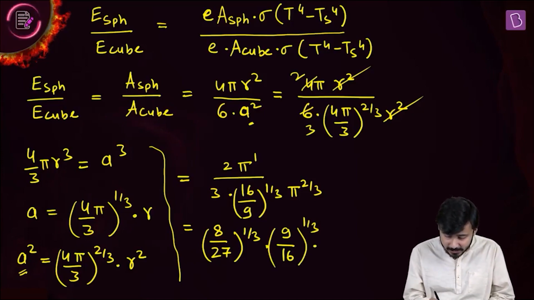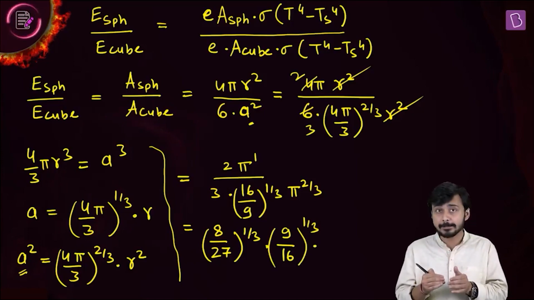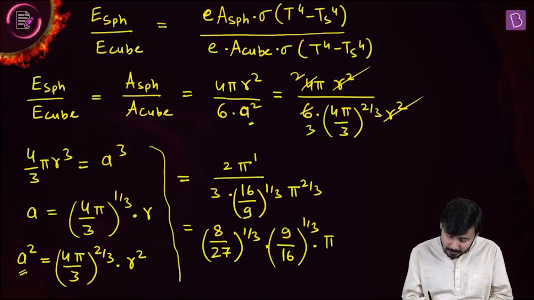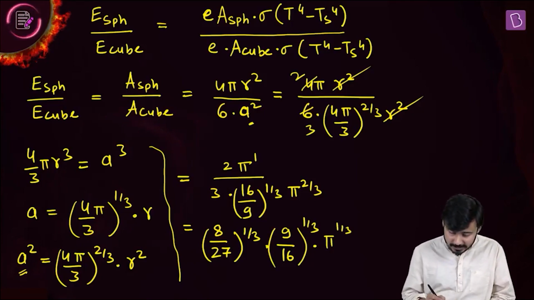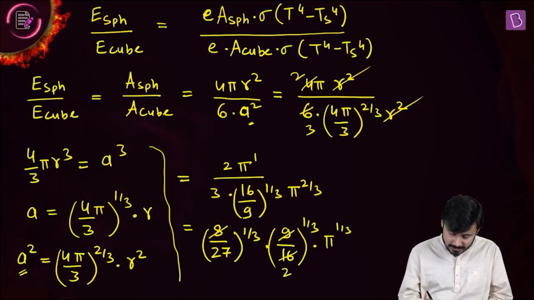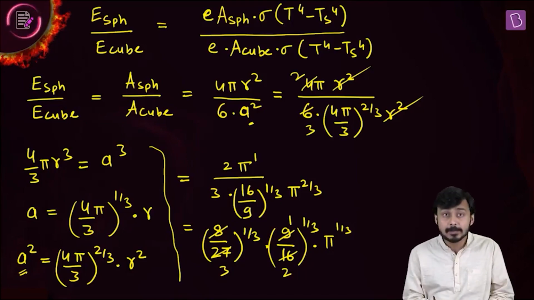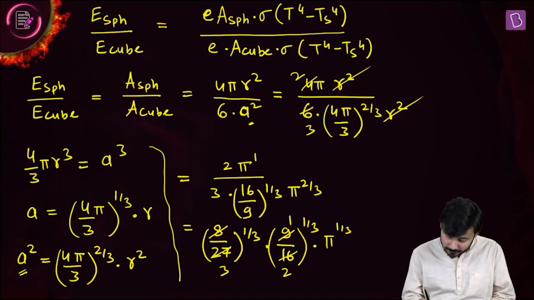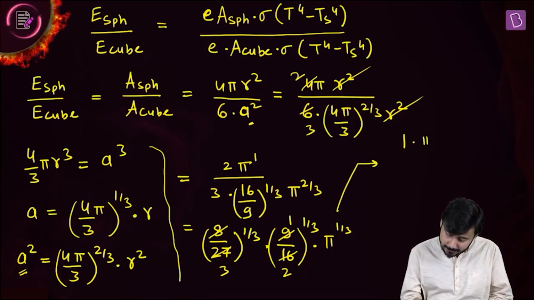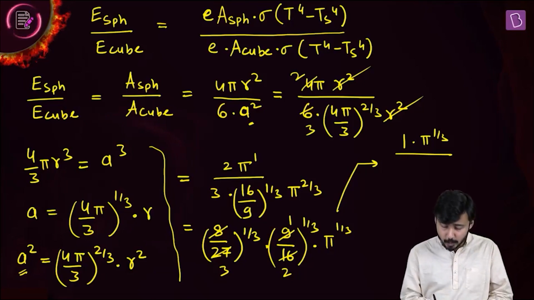And this pi power 1 divided by pi power 2 by 3 becomes pi power (1 minus 2 by 3), that becomes pi power 1 by 3. If you see, 8 1s are 8, 8 2s are 16, 9 1s are 9, 9 3s are 27. So this becomes 1 into 1 power 1 by 3, that is 1. So this becomes 1 multiplied by pi power 1 by 3 divided by (3 into 2, that is 6) power 1 by 3.